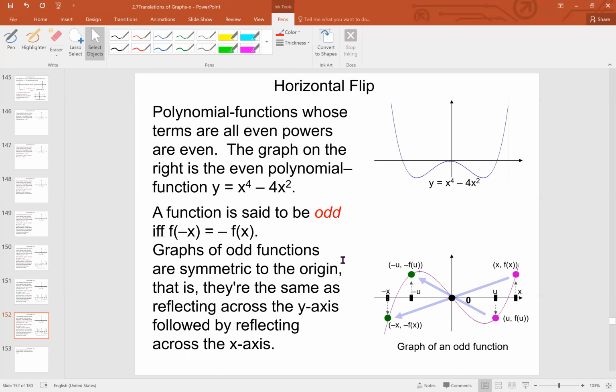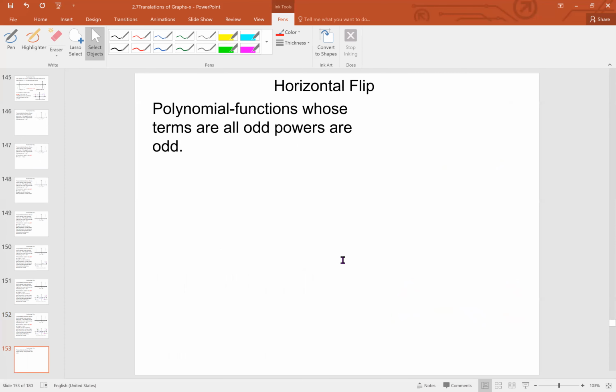So the top is a picture of an even function. The bottom is a picture of an odd function. Okay, and they all center around 0, of course. It has to be 0, 0. Okay, except for the even function, I can have a constant term.